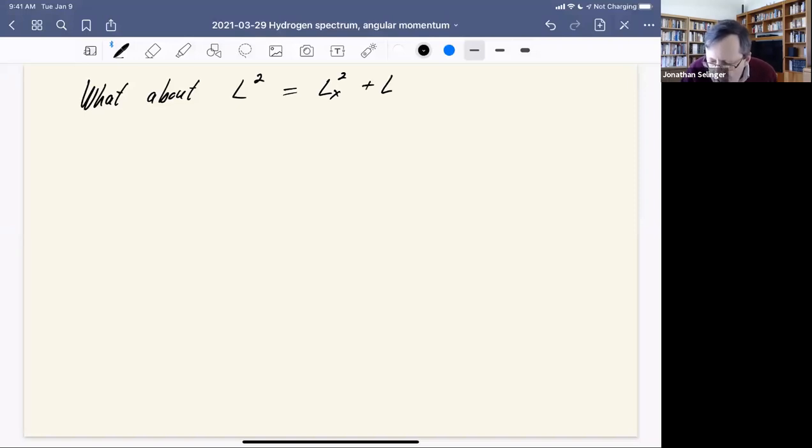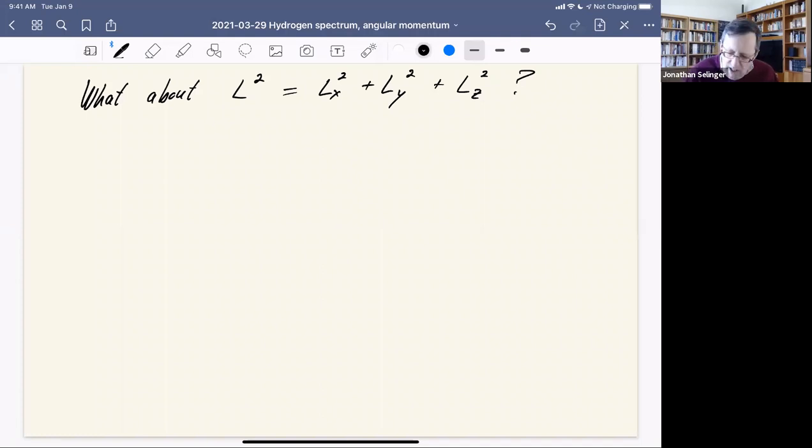So that would be Lx squared plus Ly squared plus Lz squared. Suppose we want to figure out properties of this operator. Here's another quantum mechanical operator. Let's figure out properties of this operator and see, is it compatible with any of the other ones?